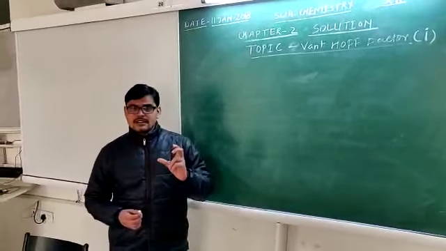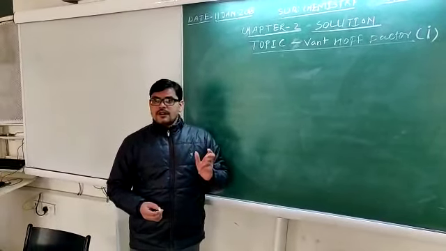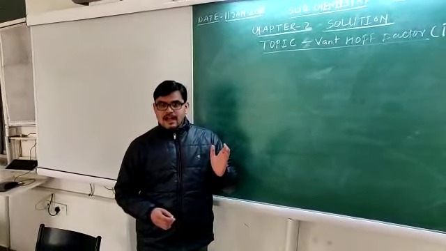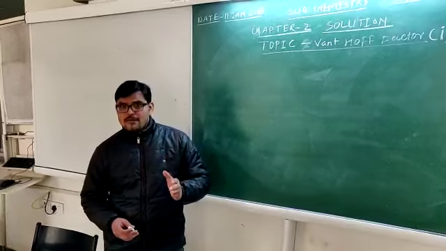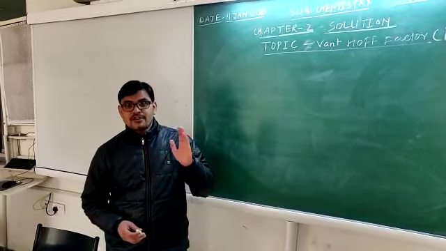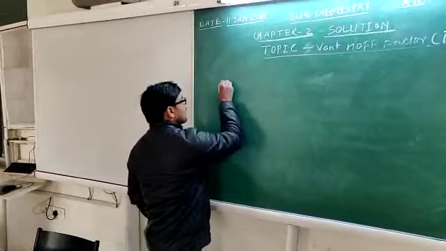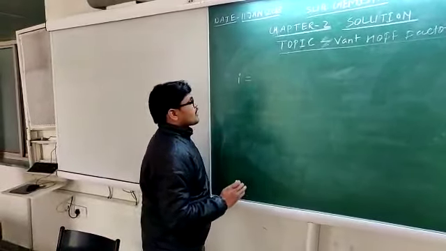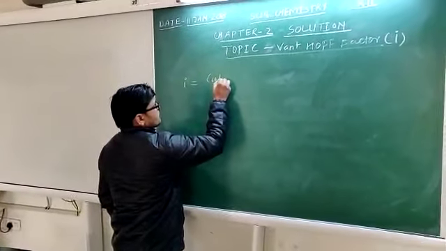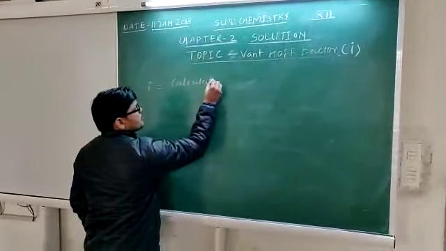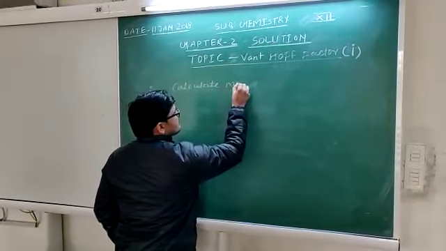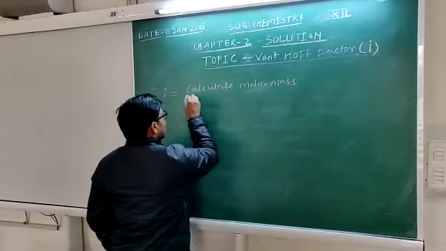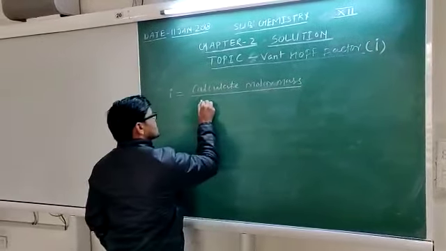Students, the ratio of calculated molar mass and observed molar mass is known as the van't Hoff factor. It is represented by i. So what will be the formula for the calculation of van't Hoff factor? Calculated molar mass and observed molar mass.